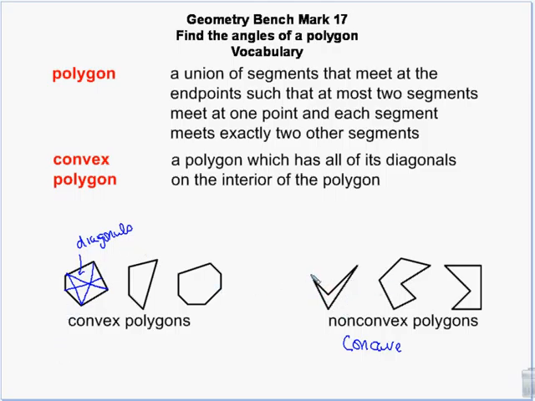If you look at a non-convex polygon, I have some diagonals that are on the inside, but then I have this diagonal over here that's on the outside because it connects these two vertices. And it can't have any outside diagonals and still be considered convex. And that's when it's called concave.